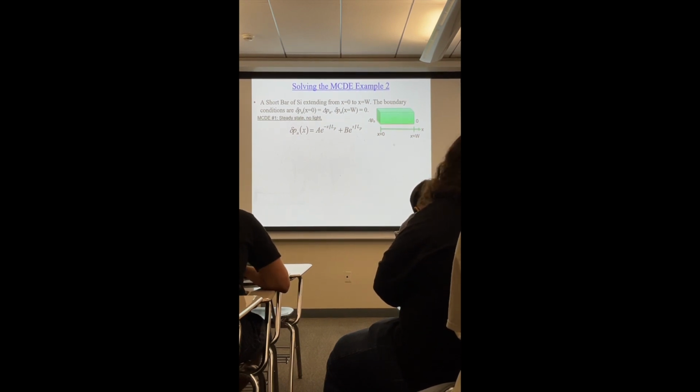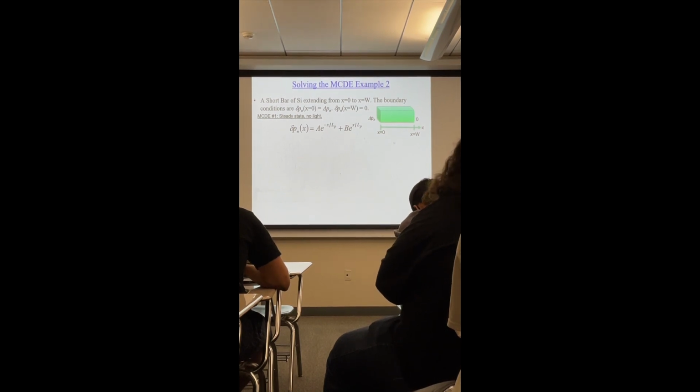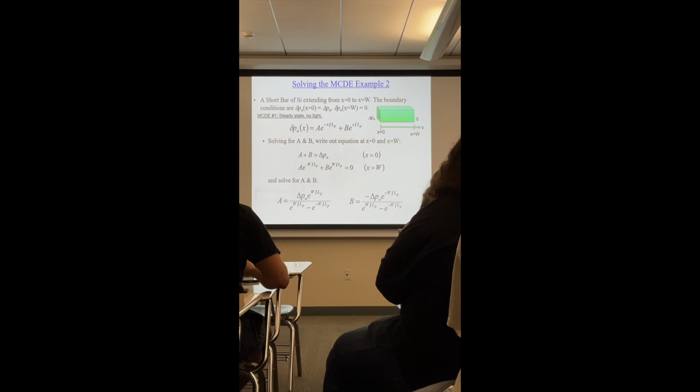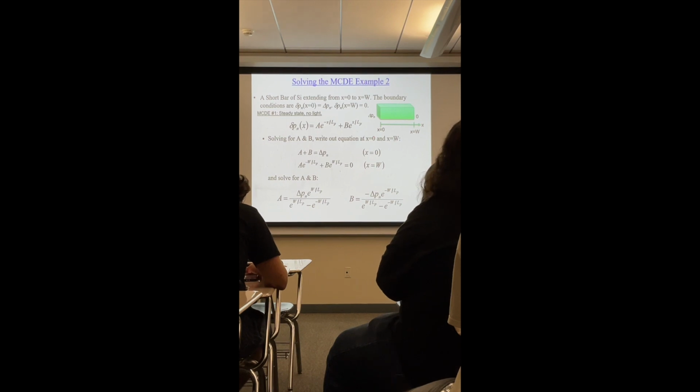So just use the general solution, and in this example, we already know two boundary conditions. We can use these two boundary conditions to solve for A and B. When x equals 0, delta Pn is this term.